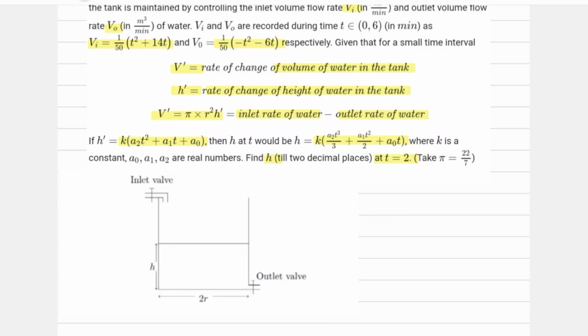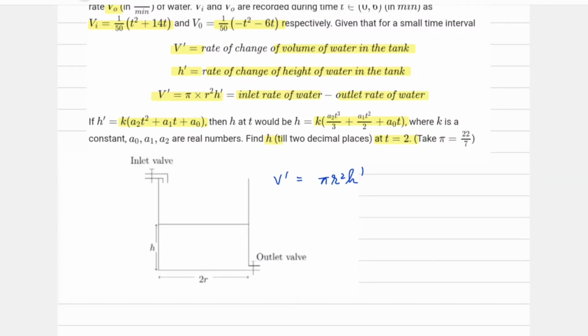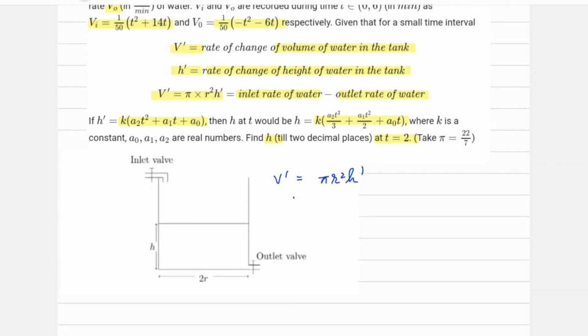So let's try it. We know V' = πr²H', but it is also the inlet rate minus the outlet rate, so we can write it as 1/50, which could be taken as common, (t² + 14t − t² − 60), and this would be equal to πr²H'.